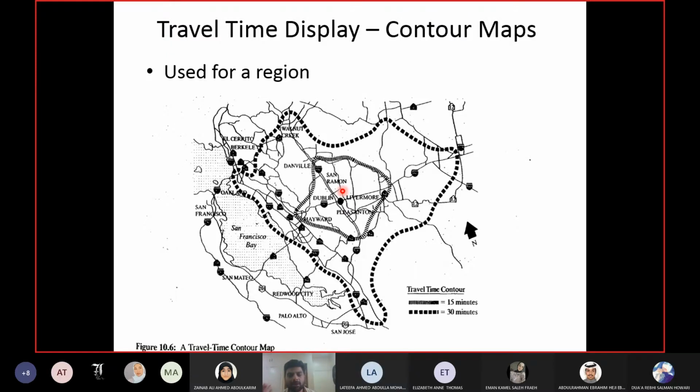You will not travel 15-20 minutes, or like 1 hour, to go to a shopping mall. You have so many shopping malls near you. So the catchment area or the area of interest for a shopping mall is very limited. It's very short. You may drive for 10-15 minutes for shopping, or you may accept to drive 10-15 minutes for a shopping trip.